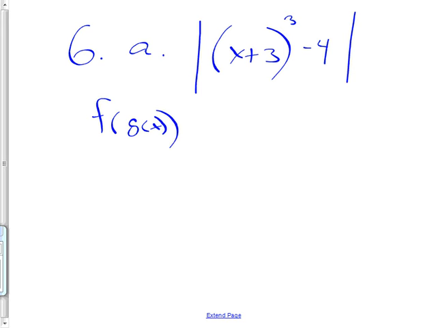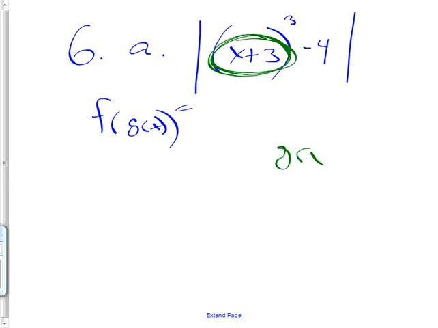Right now, what you should be doing is trying to answer problem 6a with me here. All right. So if this is f of g of x, that means that the g was on the inside, and you got to find part of this problem you're going to call g. There is more than one way to do it, but you pick part of the problem to say, let's say this was g of x.